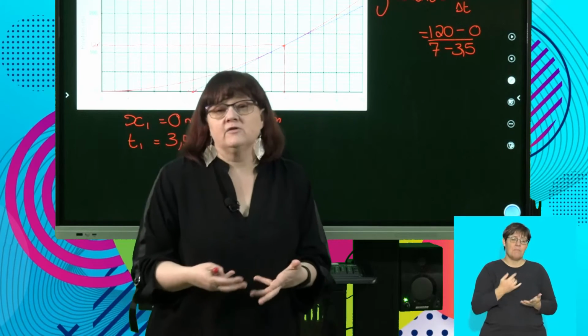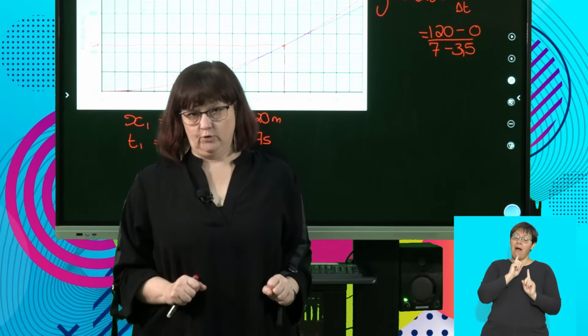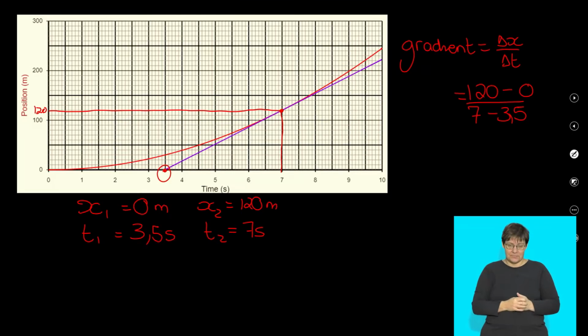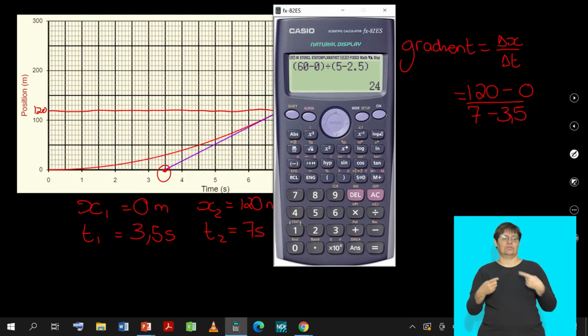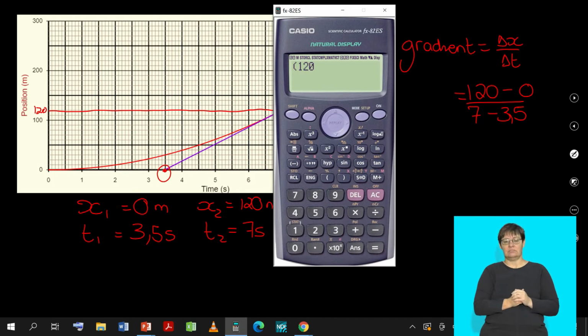I just don't want any of you to get lost with where I get the answers from, okay? We don't judge how you do your calculator work as long as you get the answer, okay? And everyone does this differently, and I know I probably use the calculator slightly differently to the way you do, or your calculator has a slightly different setup. It doesn't matter. So I've got 120 minus 0 divided by 7 minus 3.5.